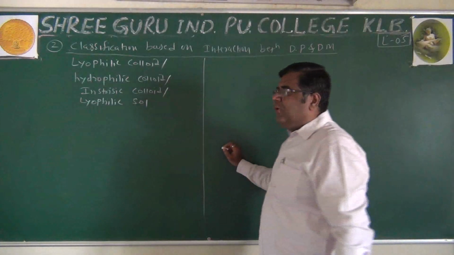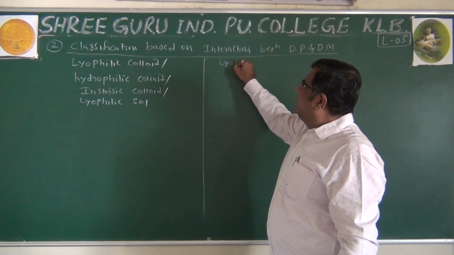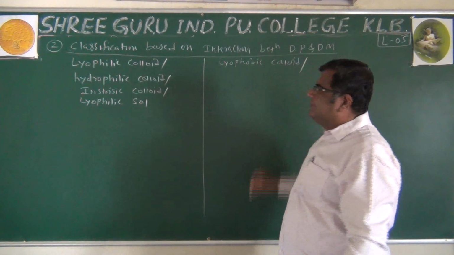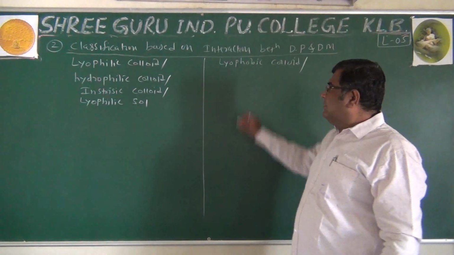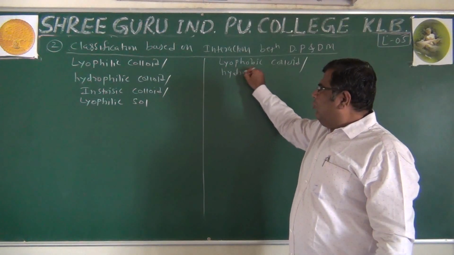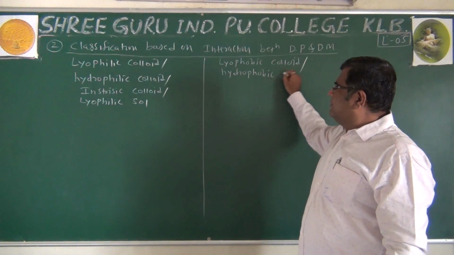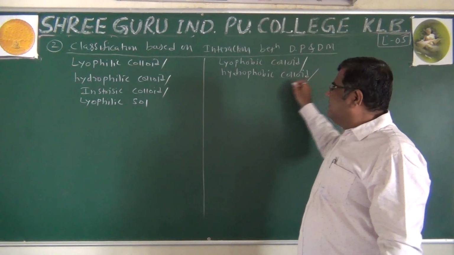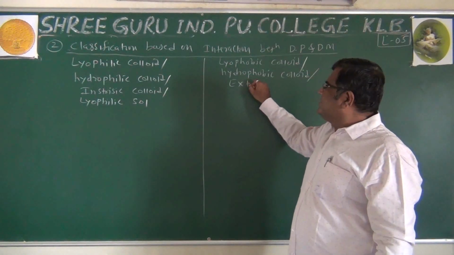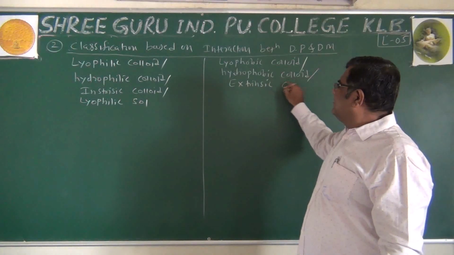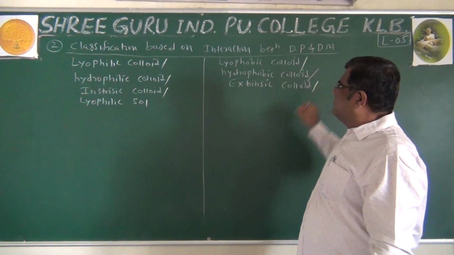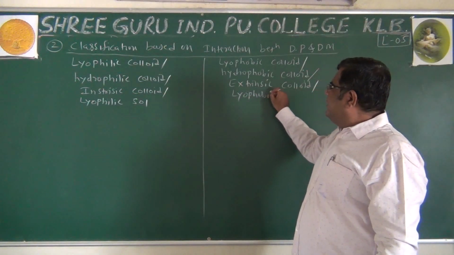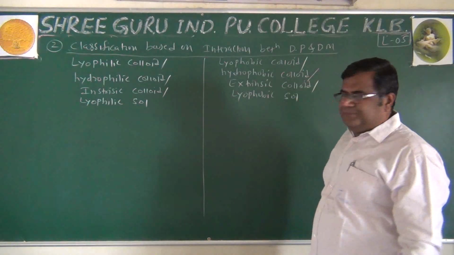Another type of colloid is the lyophobic colloid, also called hydrophobic colloid, also called extrinsic colloid, also called lyophobic sol.